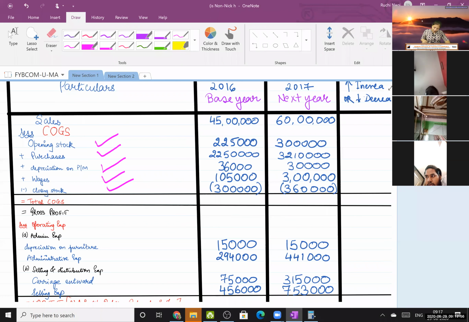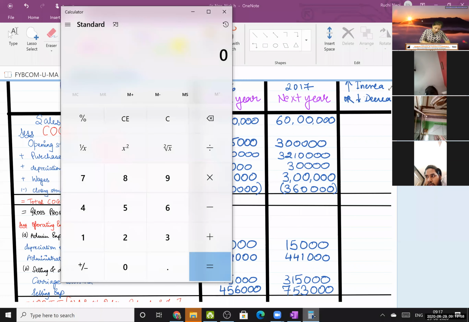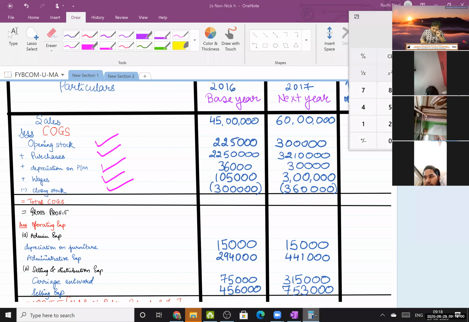Okay, side by side इसको copy भी करो. That's total. 2,25,000 plus 22,50,000 plus 36,000 plus 1,05,000, then minus 3 lakhs.